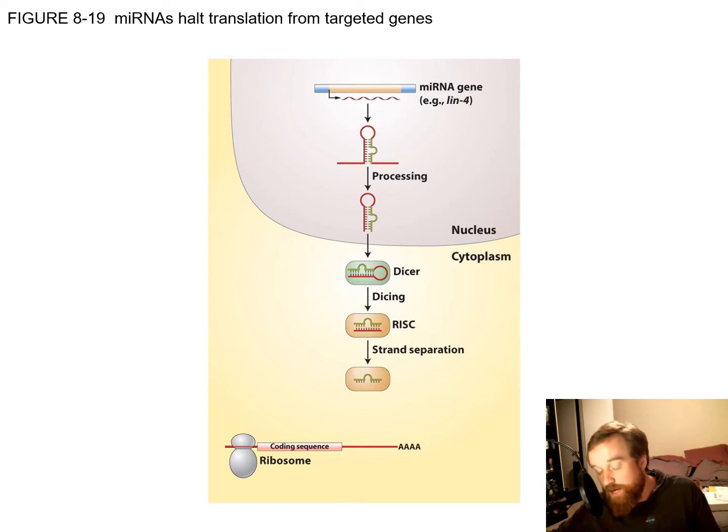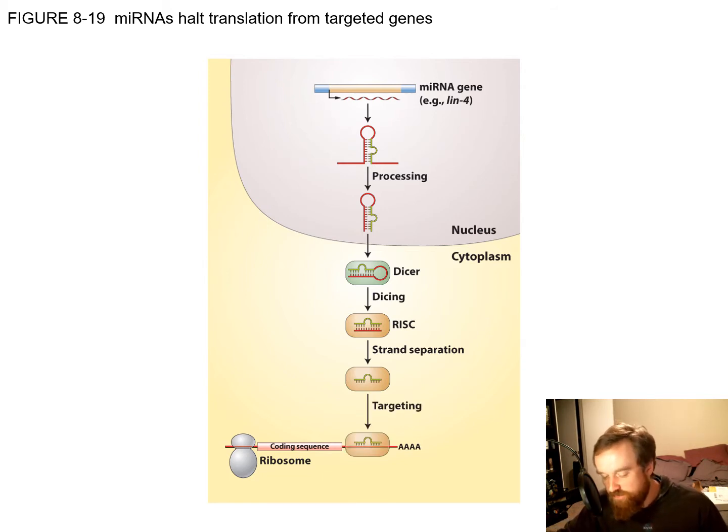The RISC complex will then separate that double-stranded RNA into a single-stranded RNA. So now what we end up with is a protein that has a piece of single-stranded RNA that was roughly 22 base pairs in length, and matches the sequence of DNA that we saw in this original Lin4 gene.